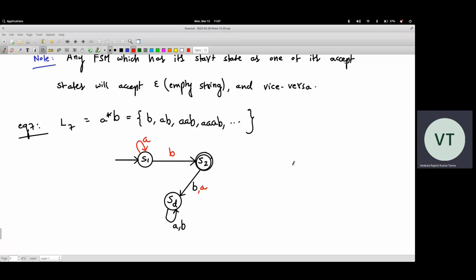If you see any more B's, you should not accept it because there should only be 1 B. So if you are in S2, it means you have already seen 1 B. If you see any more B's, go to dead state. If you see any more A's, again you should go to dead state because it should end with a B. Nothing more should come after that. That's it.